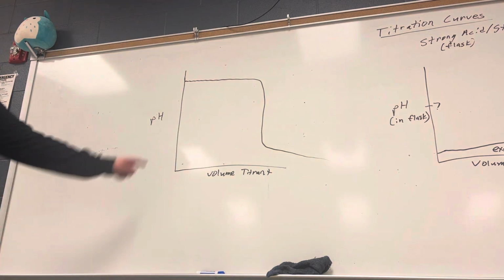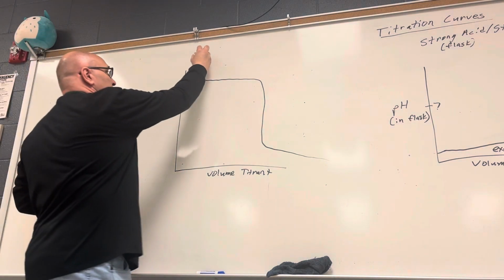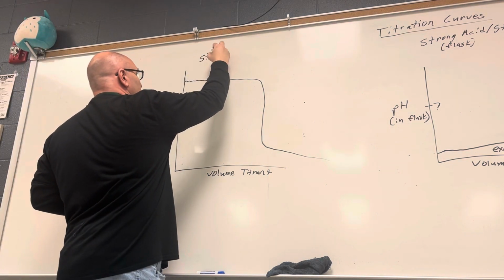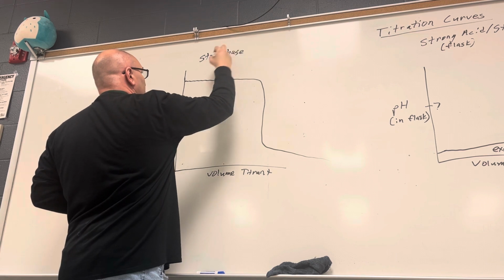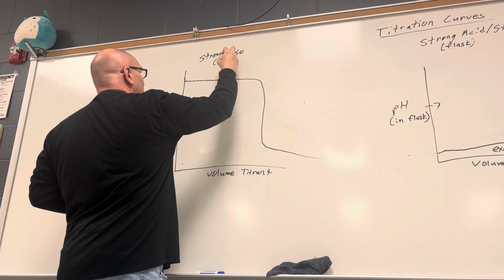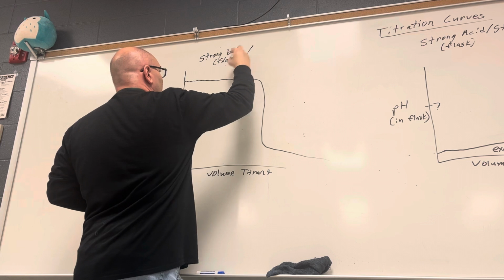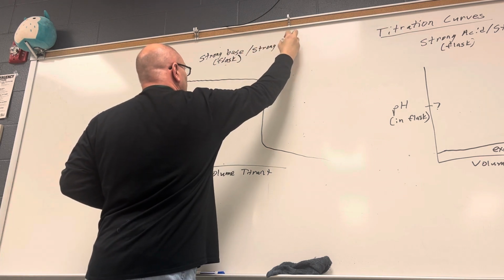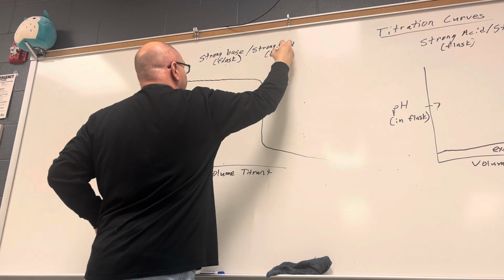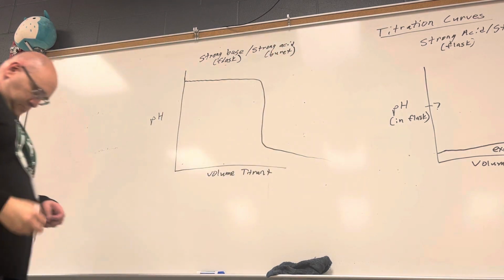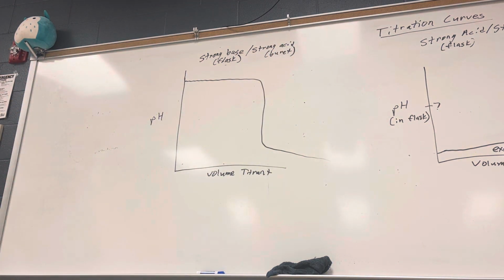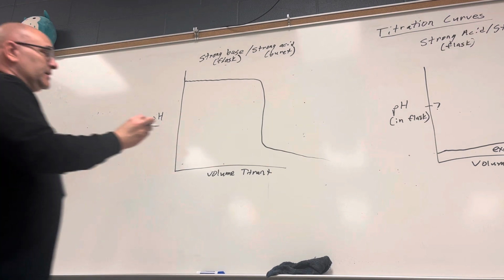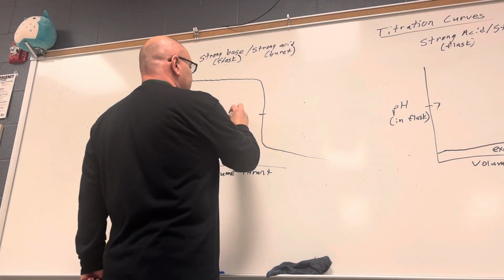This would be strong base in the flask and strong acid in the burette. And again, pH at the equivalence point is going to be what? 7.